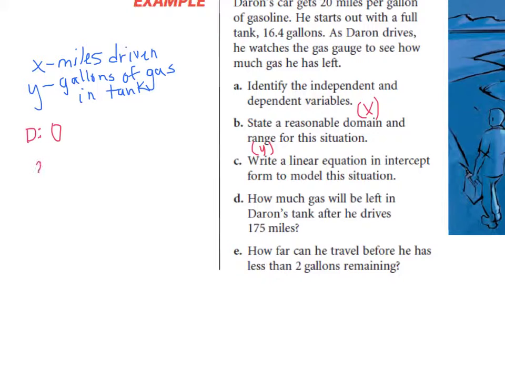So if we take 20, multiply that by 16.4, we get 328. So that is going to be our maximum domain.